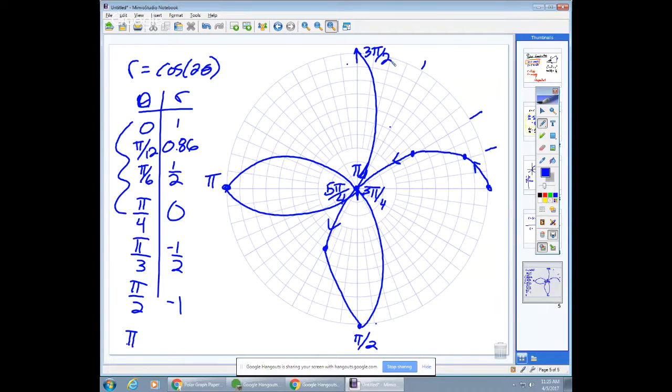Then 7 pi over 4 will take us back to the origin, and finally 2 pi will take us back here. So the period here is 2 pi.